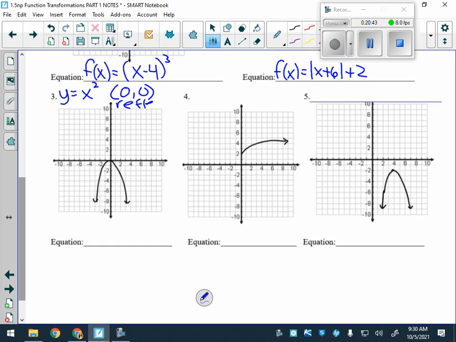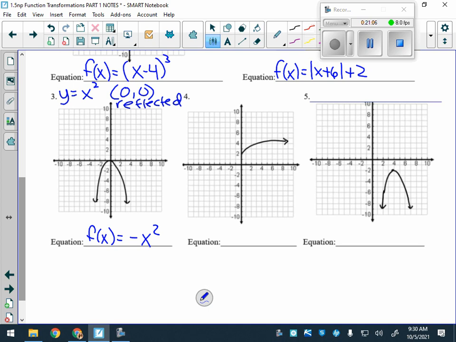It's reflected. Okay. So what is my equation? Perfect. Negative x squared.